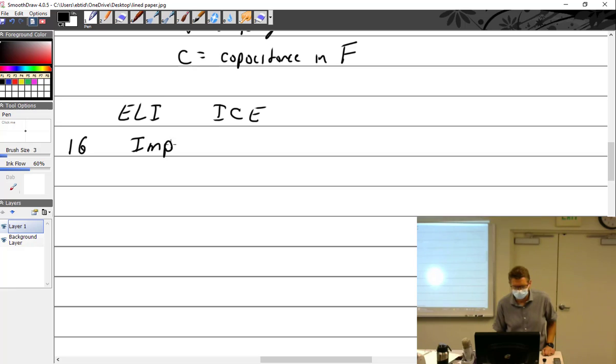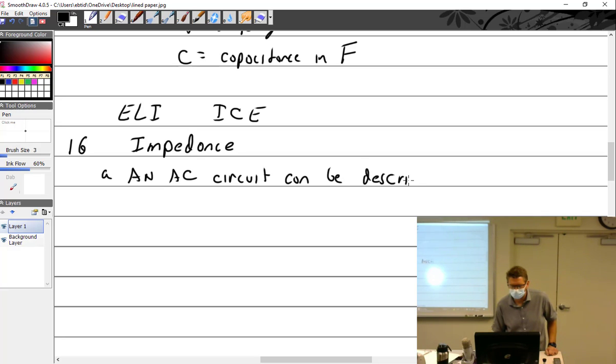Impedance. An AC circuit can be described by its components.